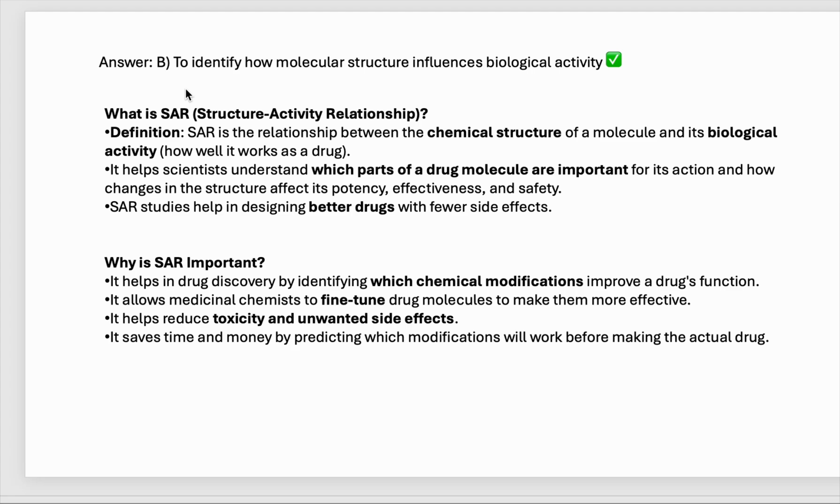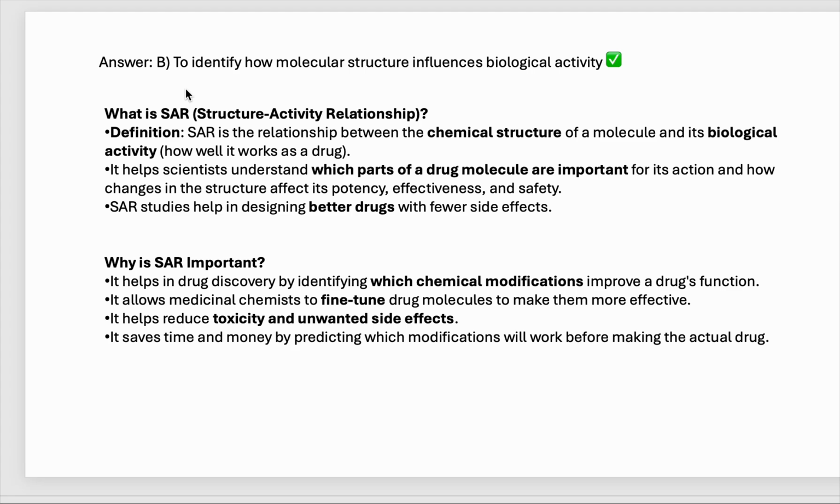Suppose there's a big compound and it has a good activity. By studying every part of it, by studying the significance of what a single functional group is doing for that compound, if that's not increasing its activity, maybe we can just remove it. What if we just change it?